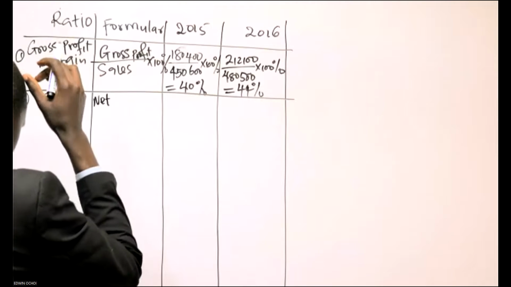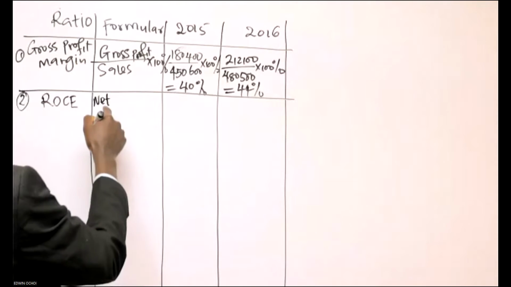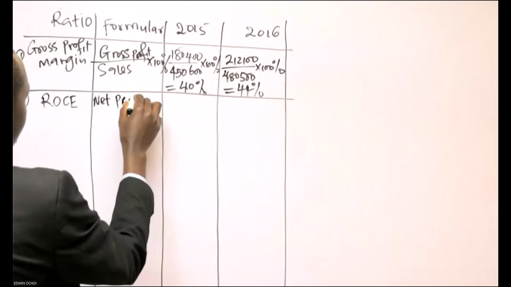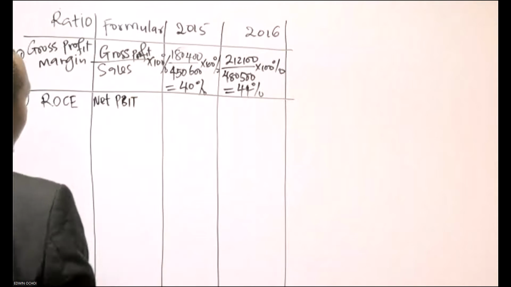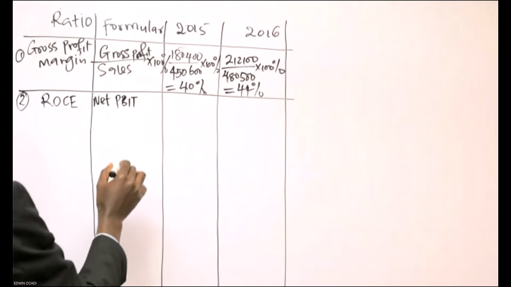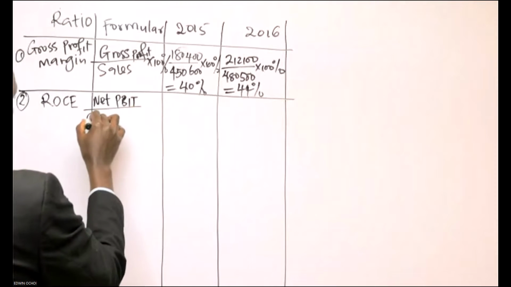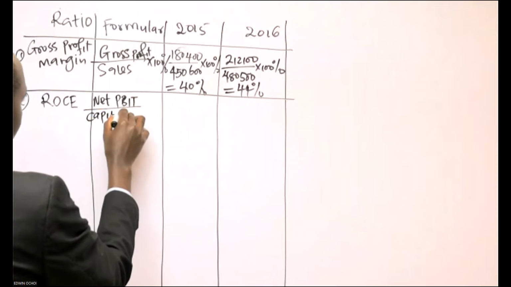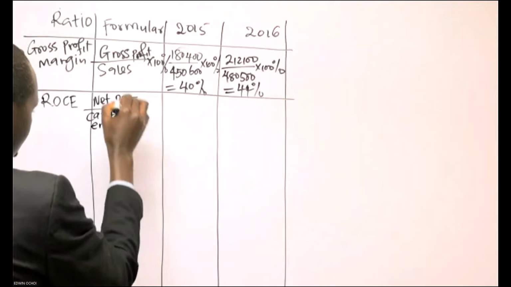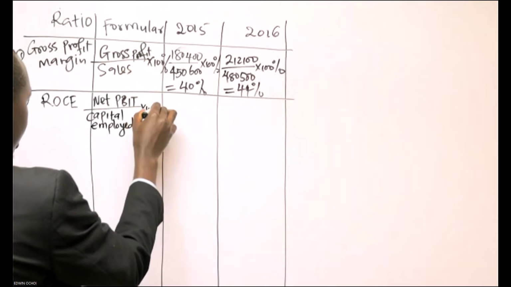Net profit before interest and tax, that is, before interest and tax, over the capital employed, times 100%.